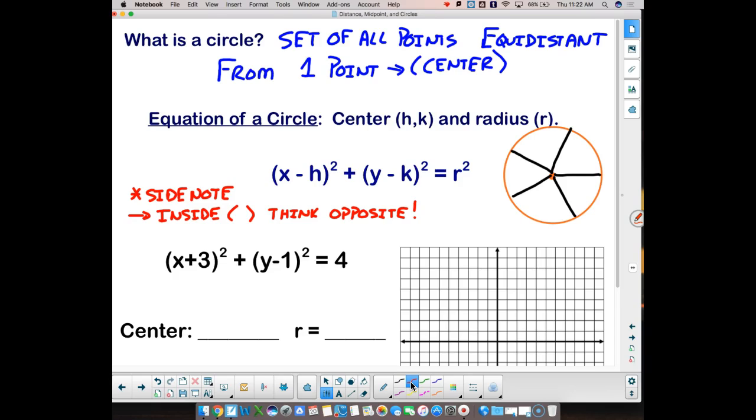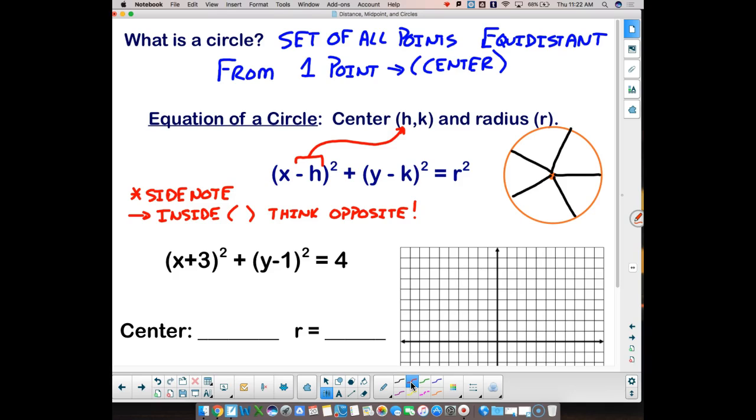So x minus h really corresponds here to positive h as a point. So if h was negative, inside this set of parentheses, it would be x plus some number. Okay? We're thinking oppositely when we're dealing with these equations. Inside a set of parentheses, we think oppositely. Outside, we think normally. Inside, we think oppositely. Okay?